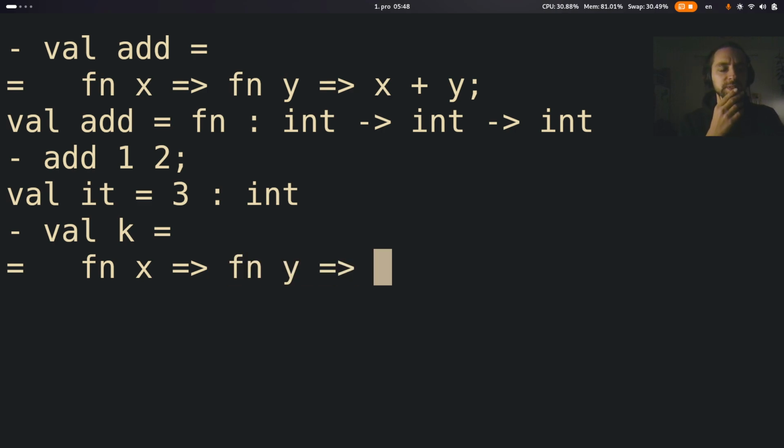So adding 1 and 2 is a function that adds 1 to a function that takes 2 and produces an output that adds 1 and 2. But here we have a function that takes the first argument and then gives that to the function that takes the second argument. And returns the output of just giving back the first argument.